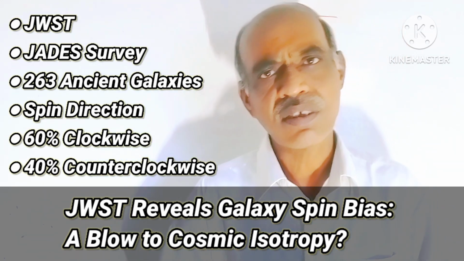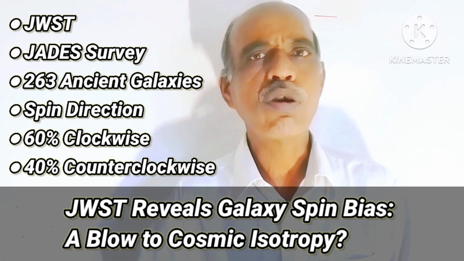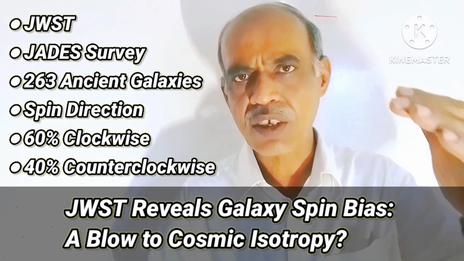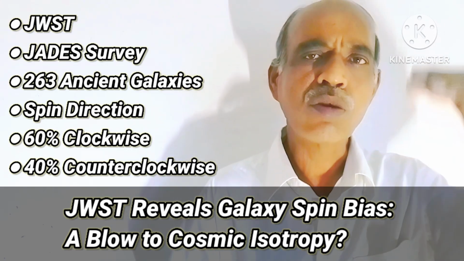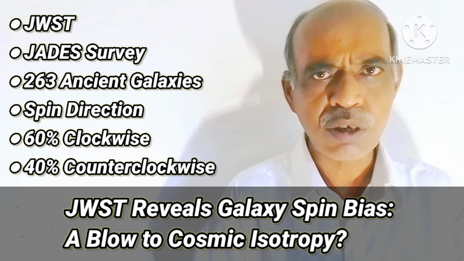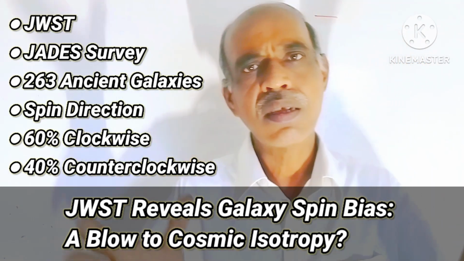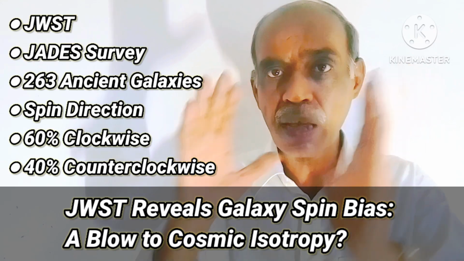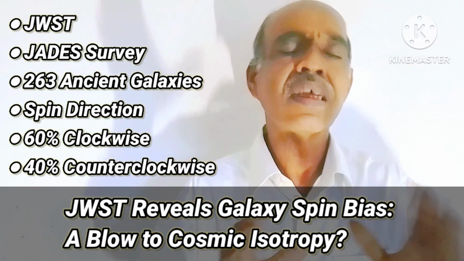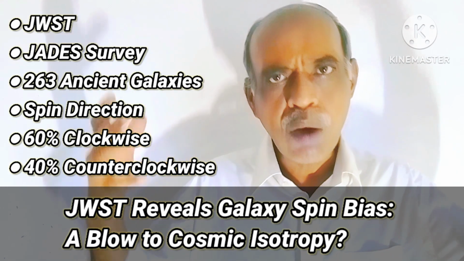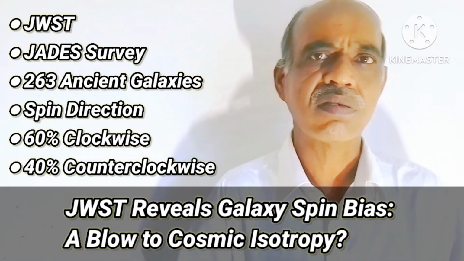Other explanations are also there. One explanation is based on an old speculative theory. According to that theory, there is a rotating supermassive black hole, and inside that black hole, our entire universe exists.